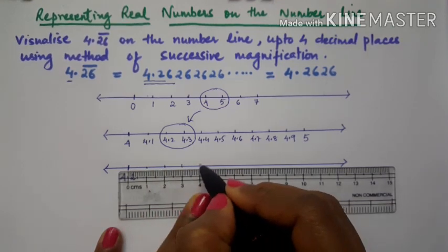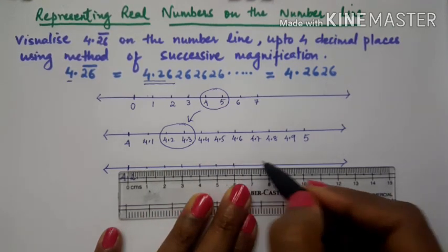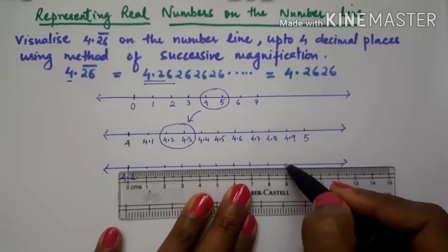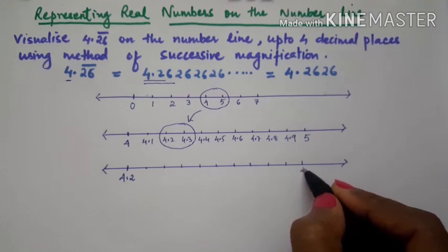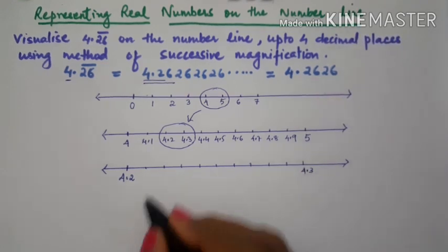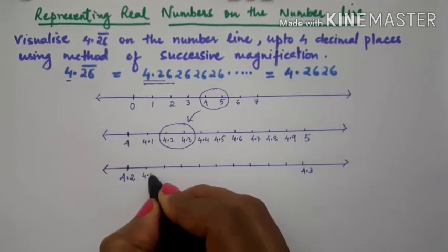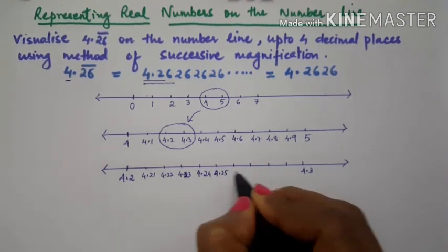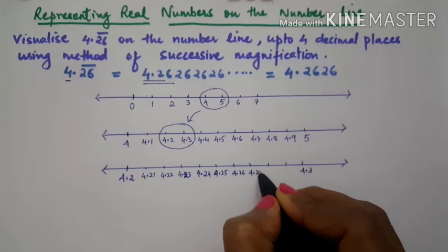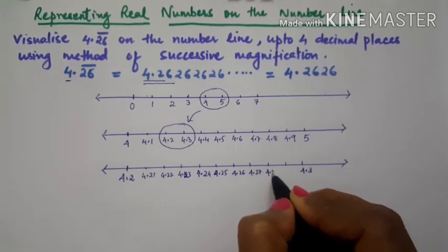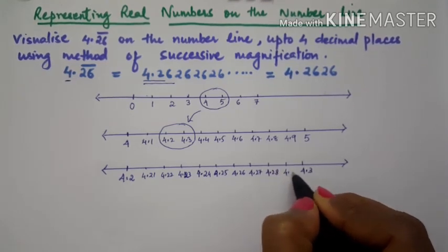Divide the number line between 4.2 and 4.3 in 10 parts. And mark the numbers as 4.21, 4.22, 4.23 and so on.